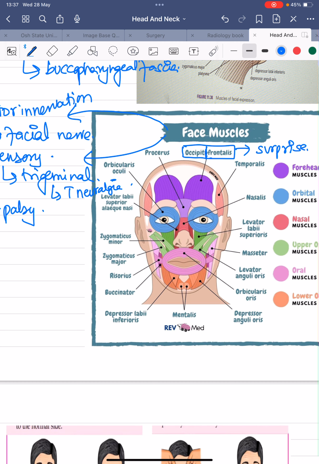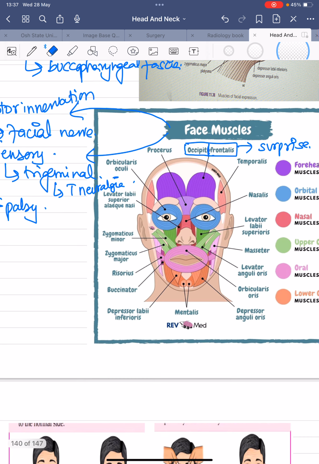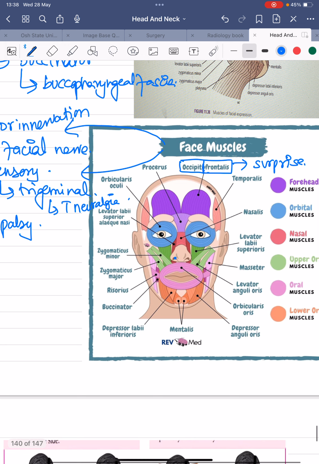The action of anger is given by the dilator naris muscle and depressor septi.